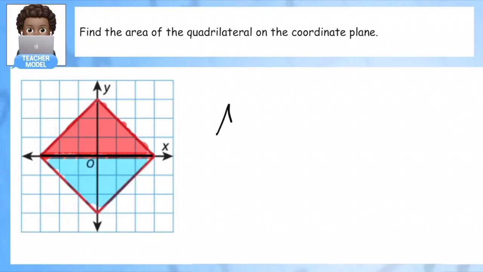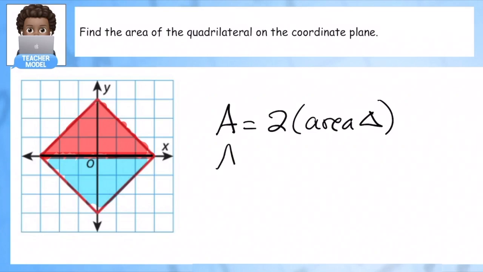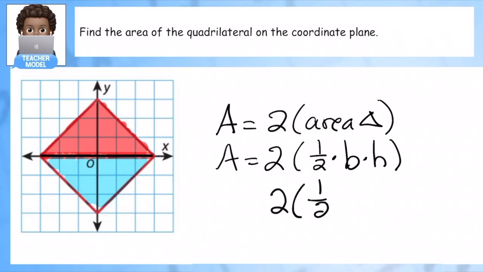My formula is going to be, for this entire piece, 2 times the area of the triangle. And our formula is 1/2 times the base times the height. Alright, so our base, 1, 2, 3, 4, 5, 6, and our height is 3.